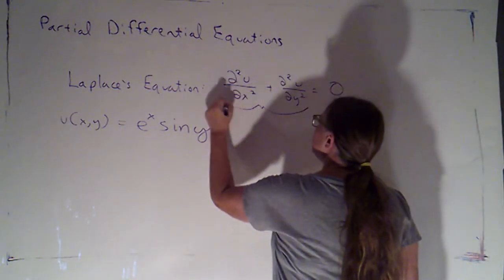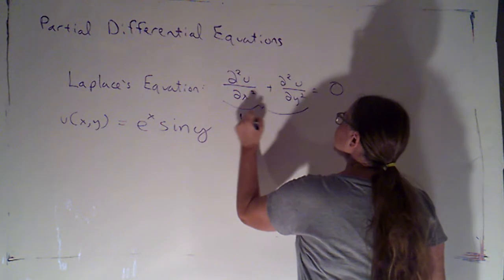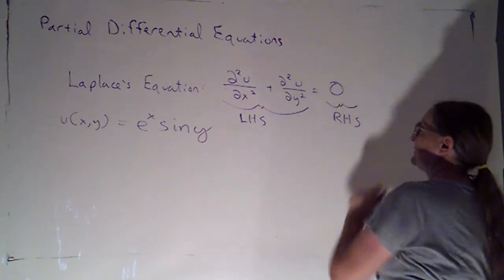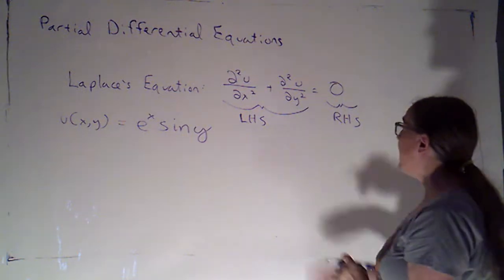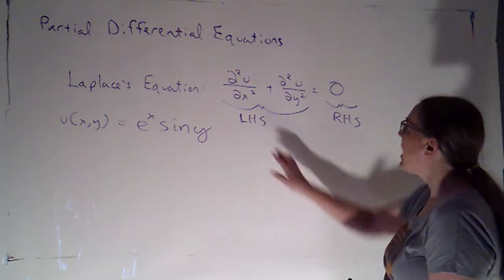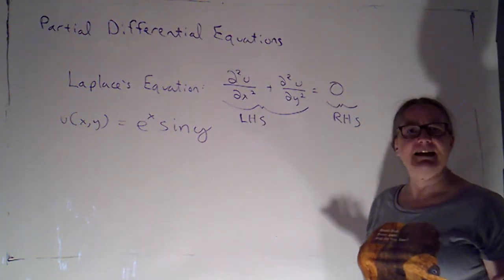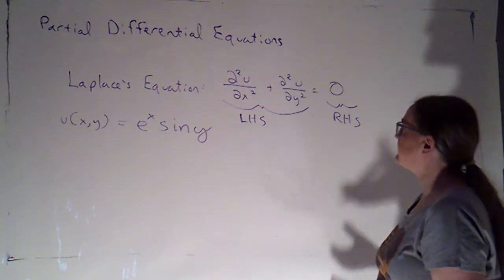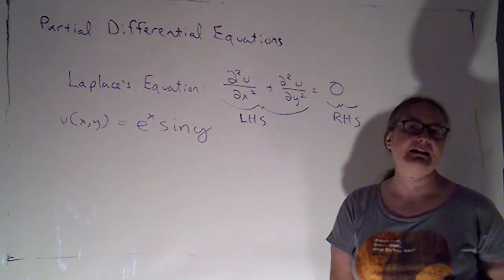So what I like to do is just work with one side of the equation at a time. This equation has a left-hand side and a right-hand side. Obviously, the right-hand side is already fully simplified. It's just 0. But I'm going to work out what the left-hand side is and then see, does it simplify to equal the right-hand side?